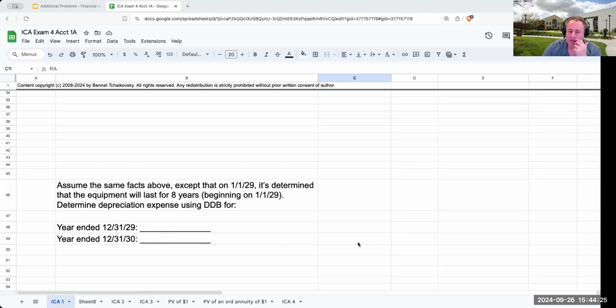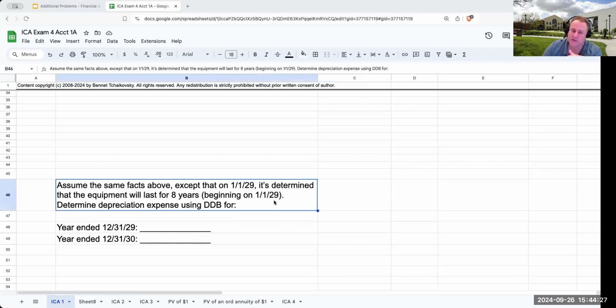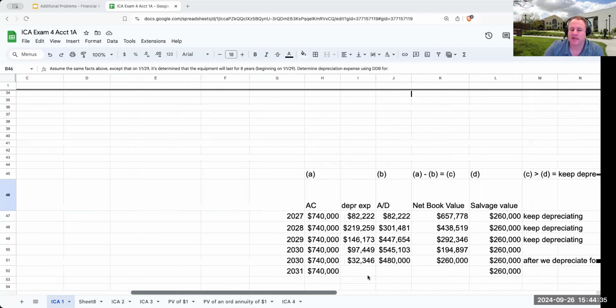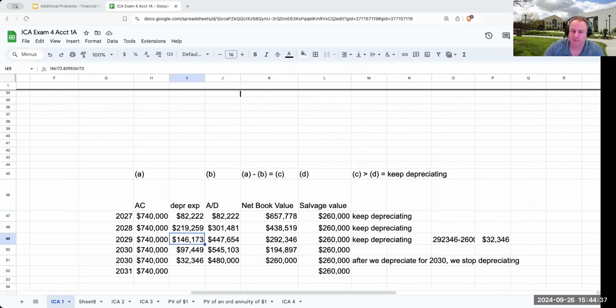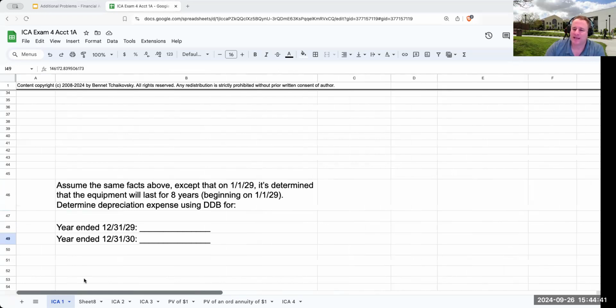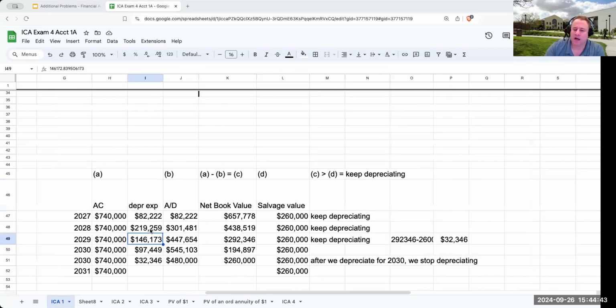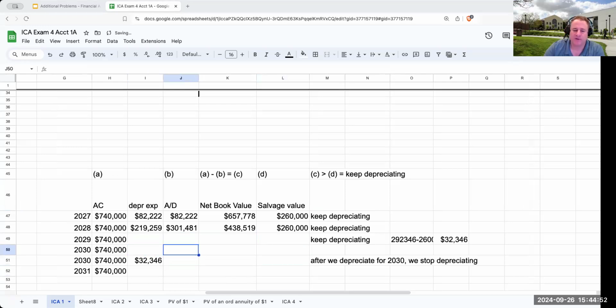So when we look at this, assuming the same facts above, except that on 1/1/29, the equipment will last for 8 years beginning on that date. The important thing is we're doing this as of 1/1/29. So I'm not going to go back and change anything I have done in the past.